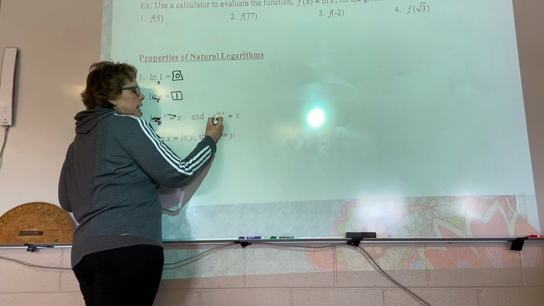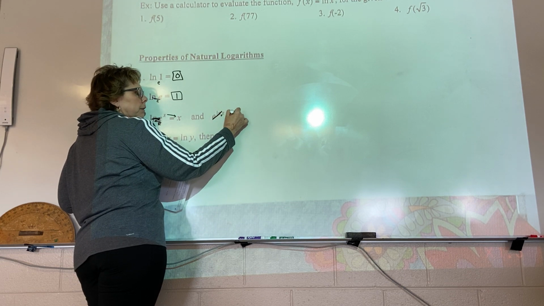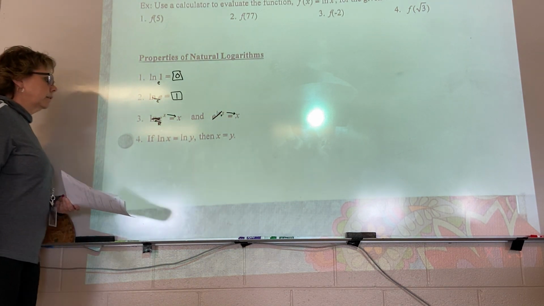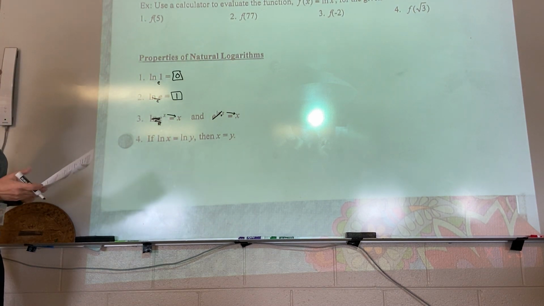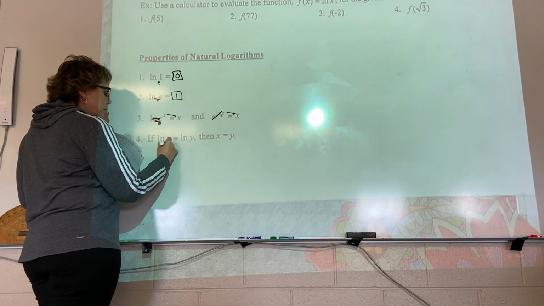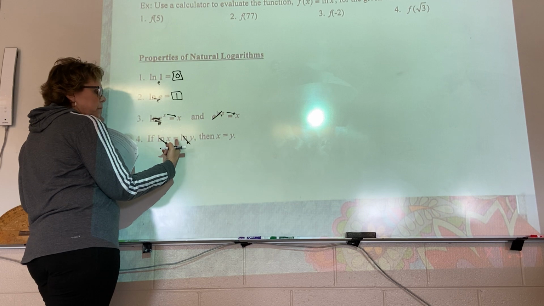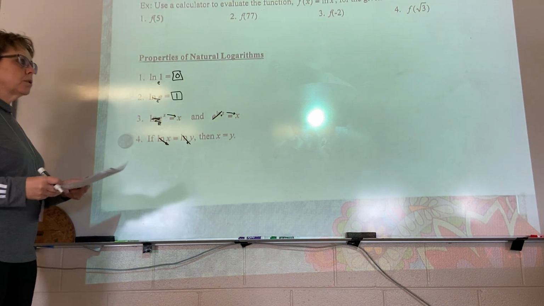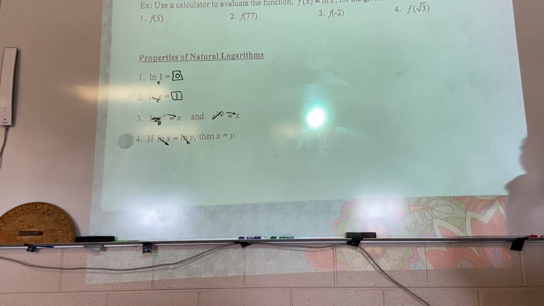Same thing here. Natural log base e, they cancel, disappear, x slides down. And like the common logarithm that we had a few minutes ago, if this is equivalent to that, same bases match, they drop, then x must be the same thing as y. So these are just rules. We're going to use those rules here on the next page.